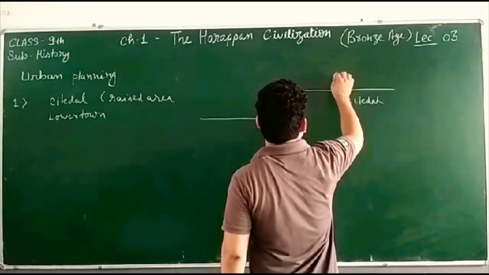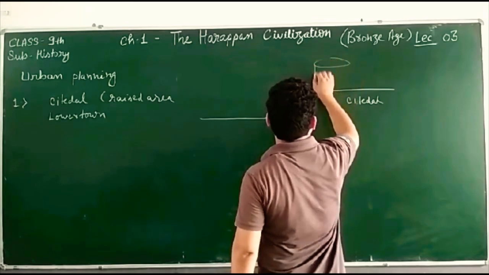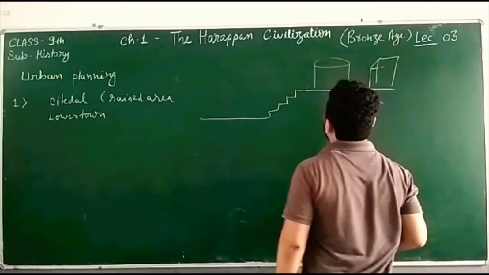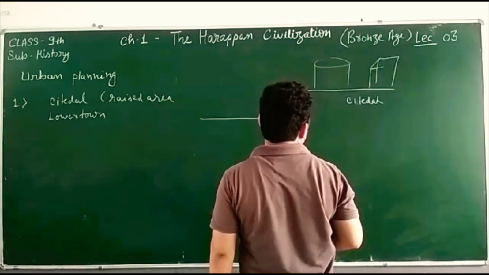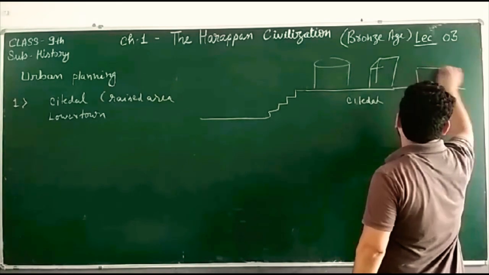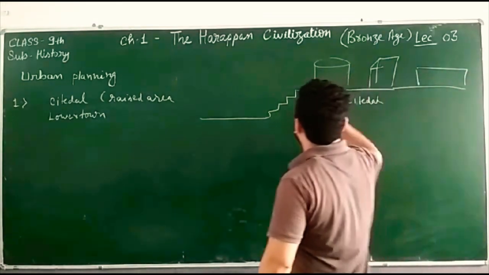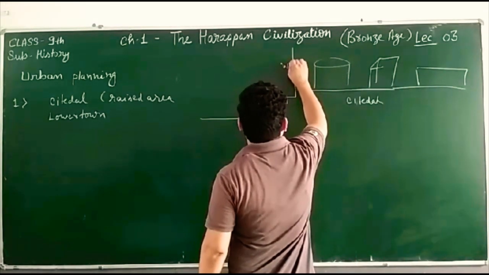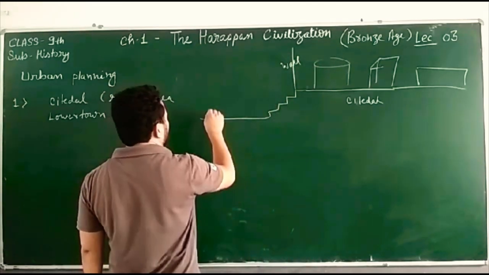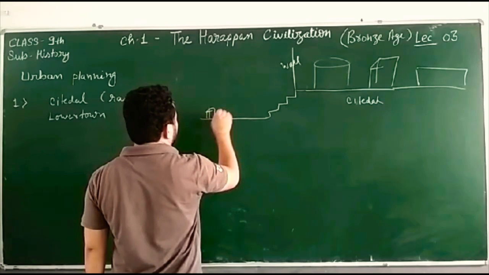On the citadel, various monuments or buildings were made. These buildings may be great granaries, or great bath, right? All these things were made here. It was separated by a wall from the lower town. In the lower town, houses of people were made.